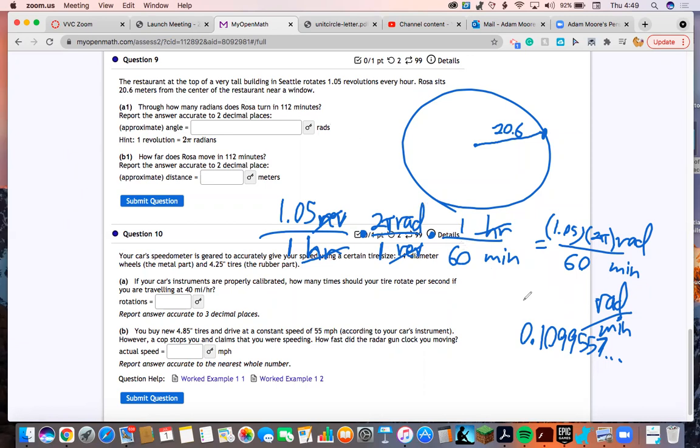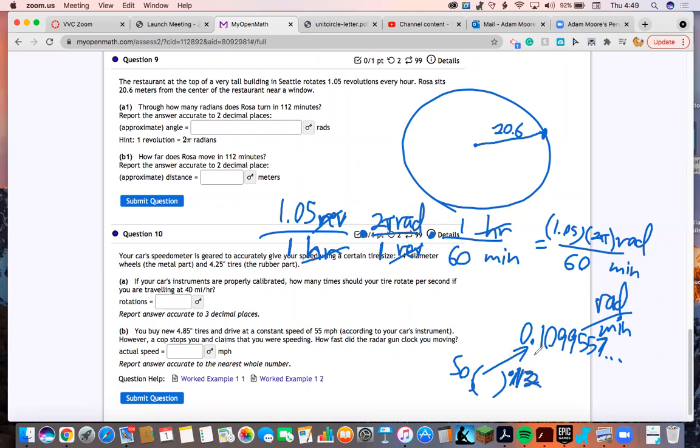If this is how many radians Rosa goes through every minute, then in 112 minutes she's going to do 112 times as many of those. So that times 112.